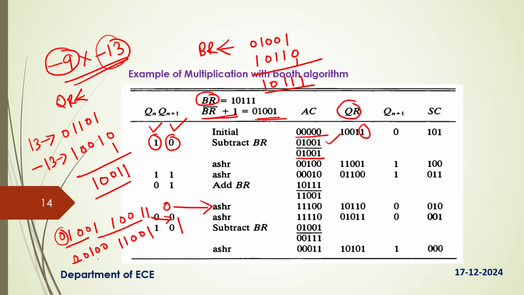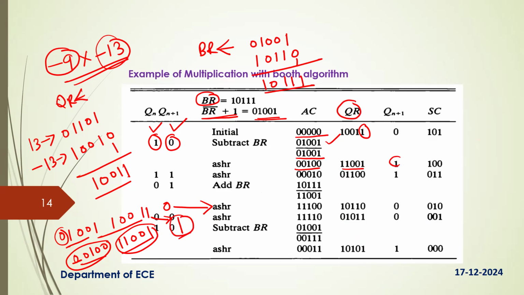So now it will become 0, 0, 1, 0, 0, 1, 1, 0, 0, 1 and 1. So after performing the arithmetic shift right, the AC register will contain 0, 0, 1, 0, 0 and the QR register contains 1, 1, 0, 0, 1 and Qn plus 1 contains 1.